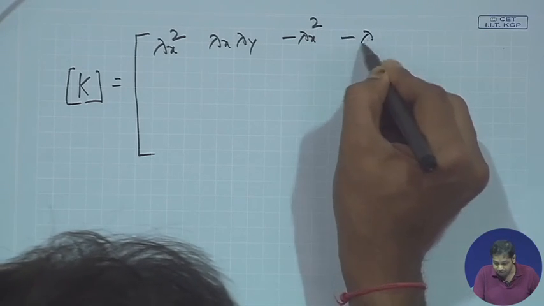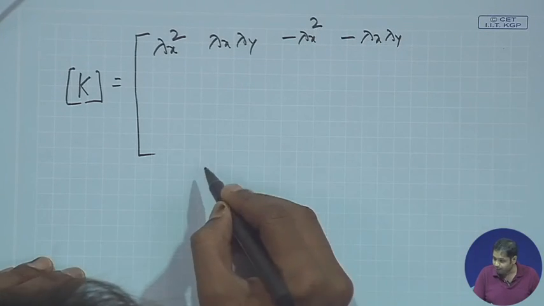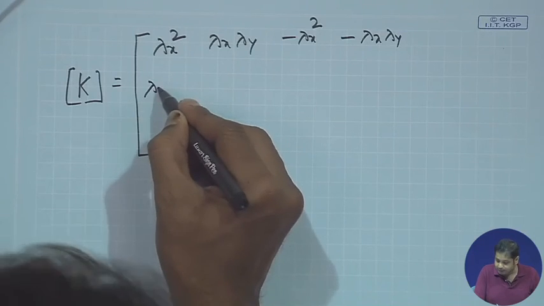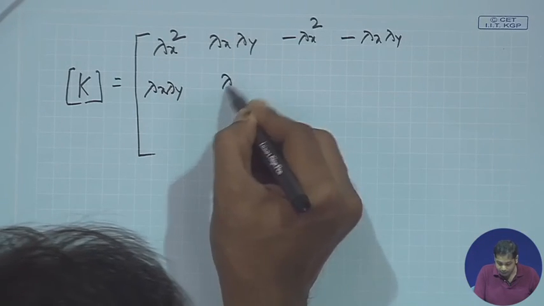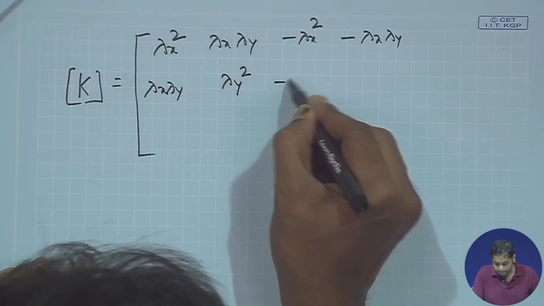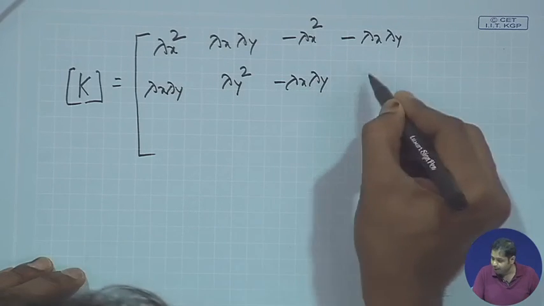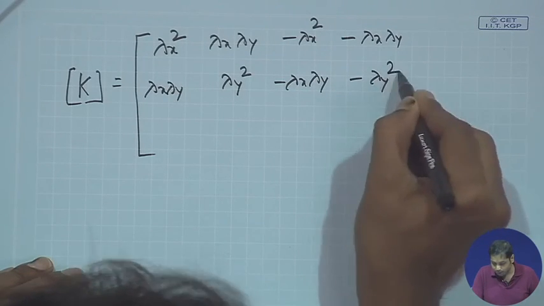You can please verify this: lambda x lambda y, and then lambda y square, minus lambda x lambda y, and then minus lambda y square.